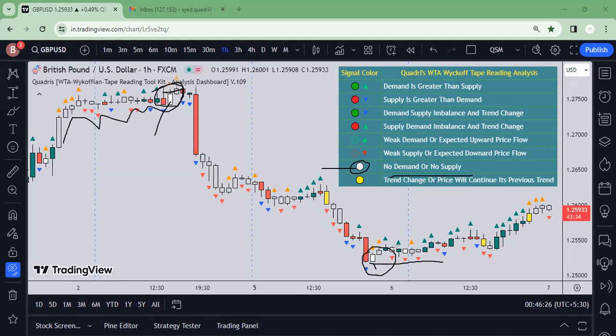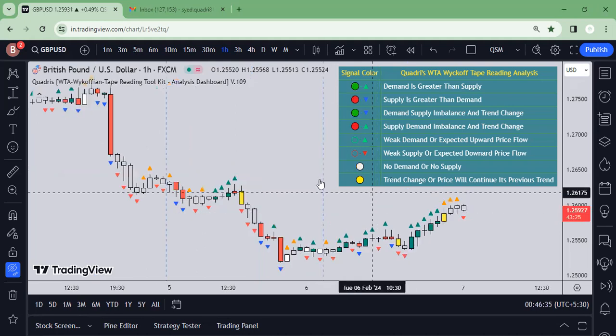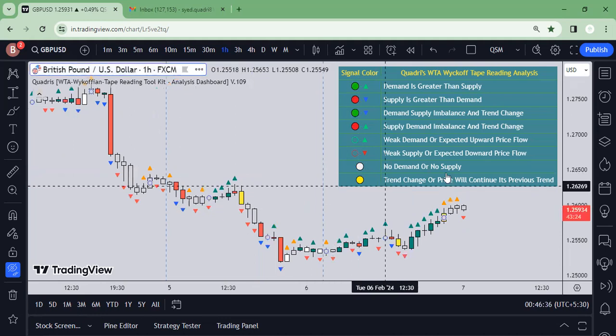In coming sessions, I'll teach all the other things related to this one. But today I'm just introducing this analysis dashboard, which you can use.